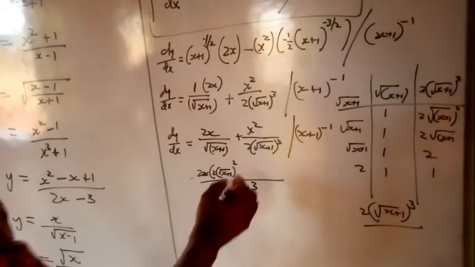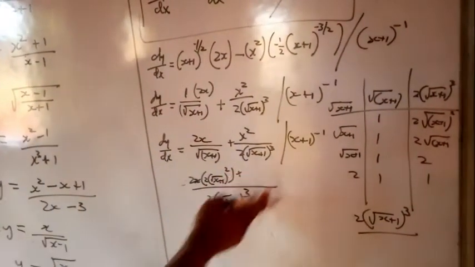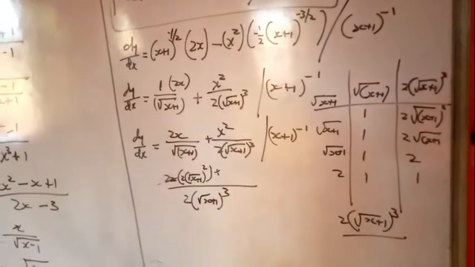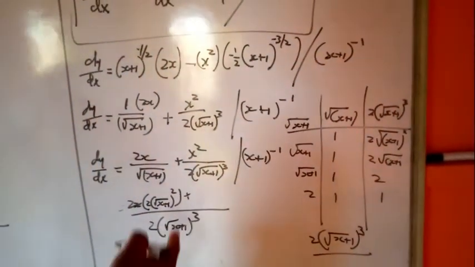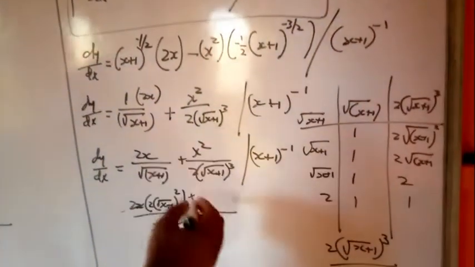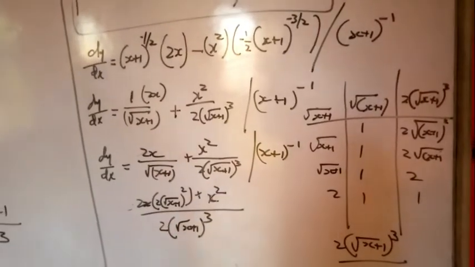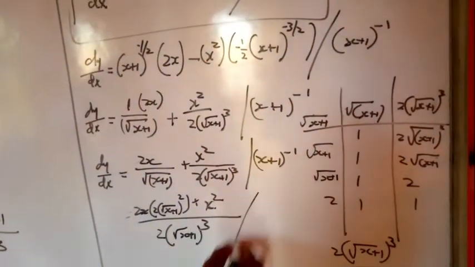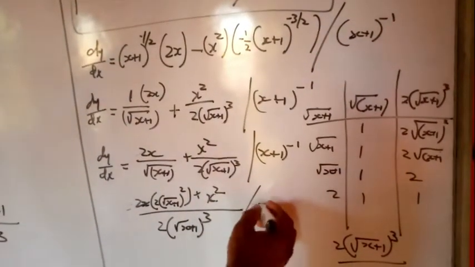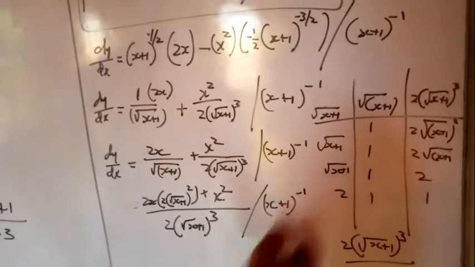Plus, this will go into this once, so you have 1, then x squared, then over your x plus 1 raised to power minus 1.